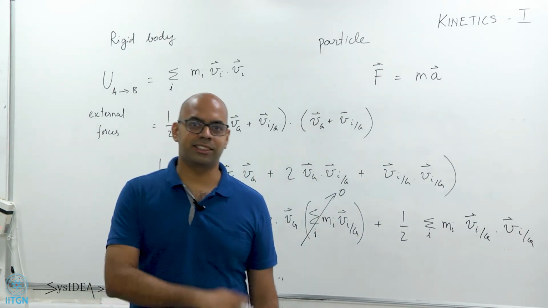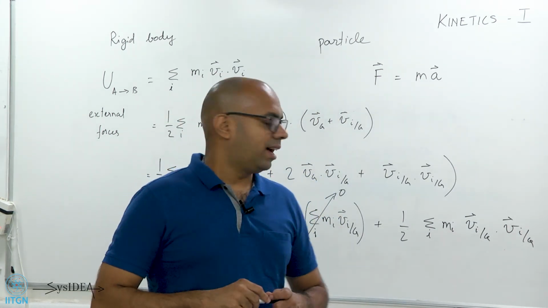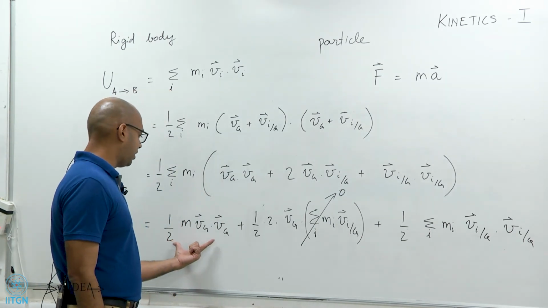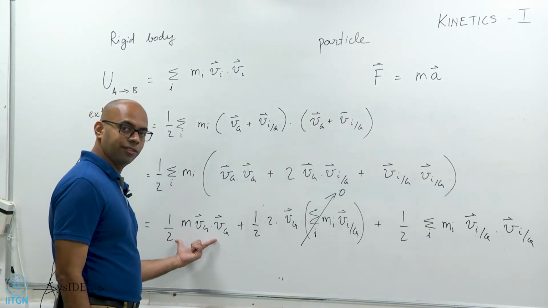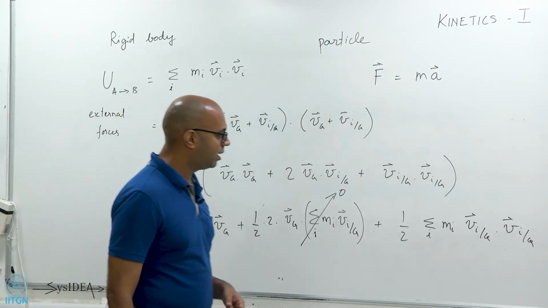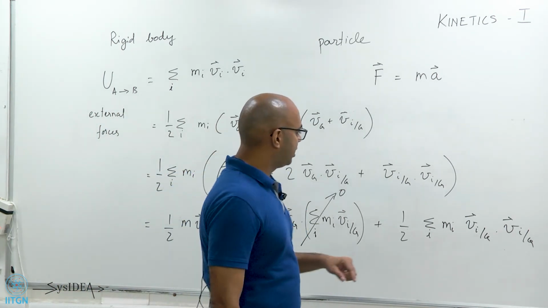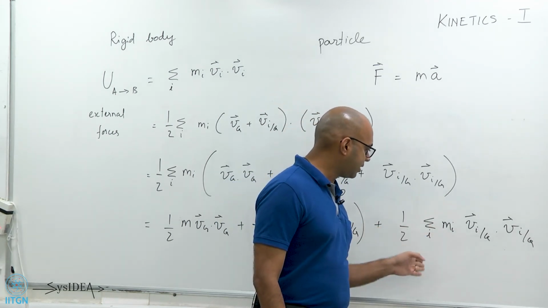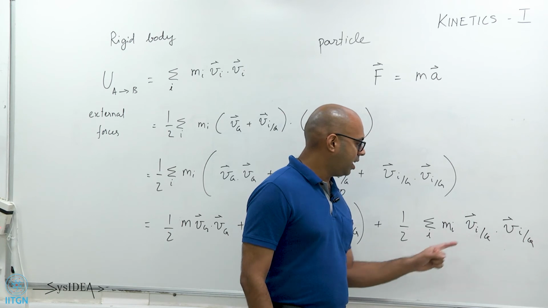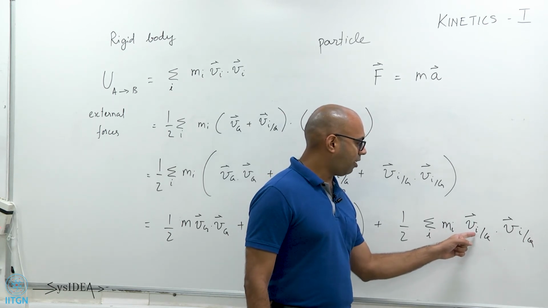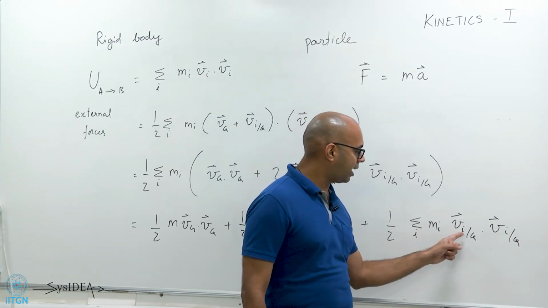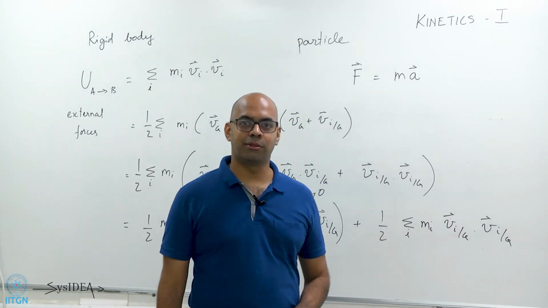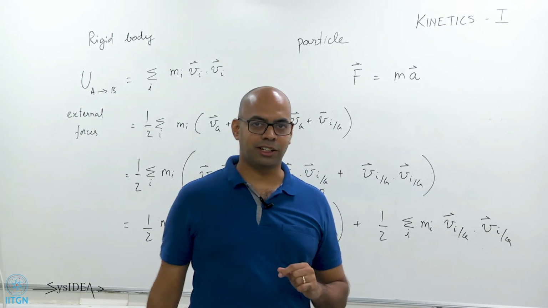Now, there is something very interesting that happens here. The first term is the linear kinetic energy of the center of gravity. We already started with the assumption that it's a rigid body, and as I said, this is really an integral dm. But if you think about the velocity of a differential element i relative to the center of gravity in a rigid body, again, remember the distances between the points are not changing.